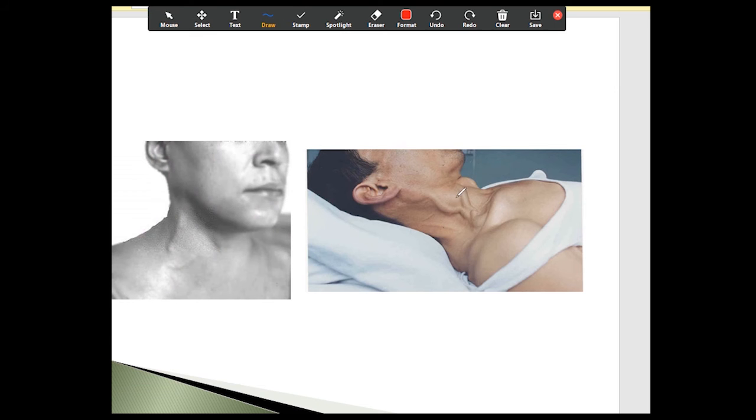But not bigger than this. That's the jaw angle here, and that's the clavicle bone here. The distance from here to here, we divide into 3 equal parts. Not over here. That means 2/3 here.